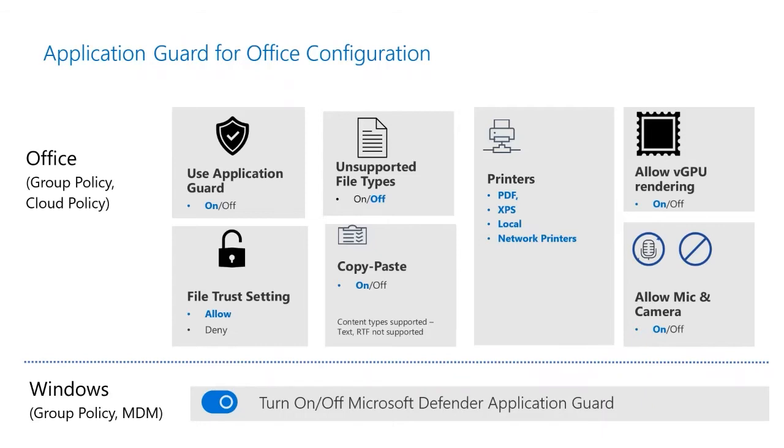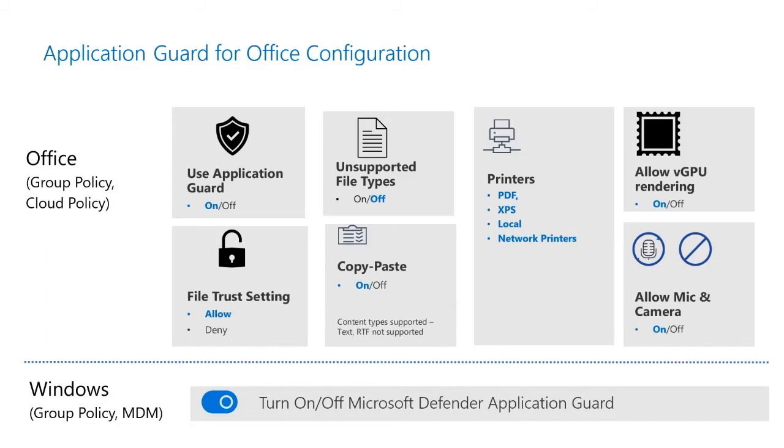Then you can further fine tune the printers. Which kind of printers do you want to allow printing from Application Guard? Do you want to only allow PDF-based printing, local printing, network printing, things like that? Do you want to give them the file trusting options, which is what I was talking about? If the user wants to run the document on the desktop, then SafeDocs is going to check the document, but you can completely restrict your users from escaping the documents and running them on the desktop.